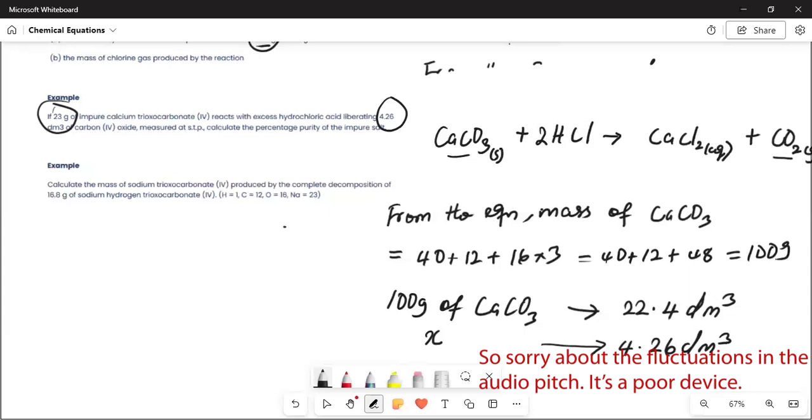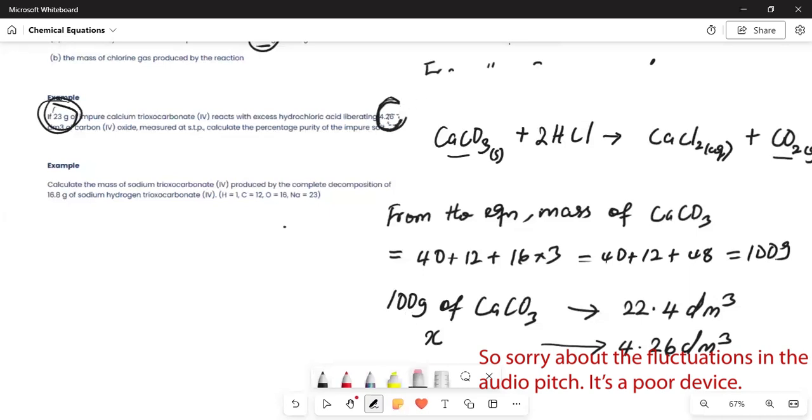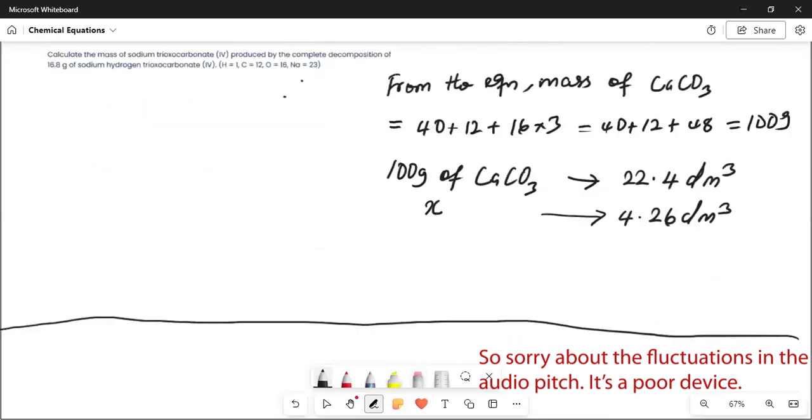We need to know the actual pure substance that reacted. But they have given us the volume of carbon 4 oxide that is released as a result of the reaction. So we need to know what is the pure substance that reacted to produce this 4.26 dm3 of carbon 4 oxide. So in this case, as I cross multiply, x times 22.4, 22.4x equal to 100 times 4.26.